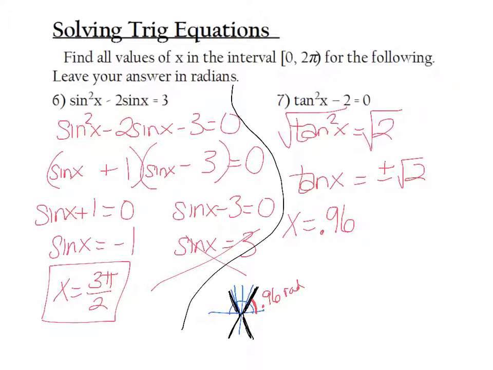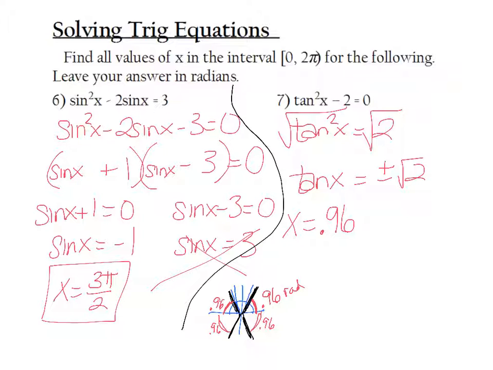I need to find the angle that goes clear over to here. Well, the unit circle is very symmetrical. This here would have to be a 0.96 also. And this down here would be a 0.96, except that it happens to be negative. This down here would also be a 0.96. All of those would be symmetrical.